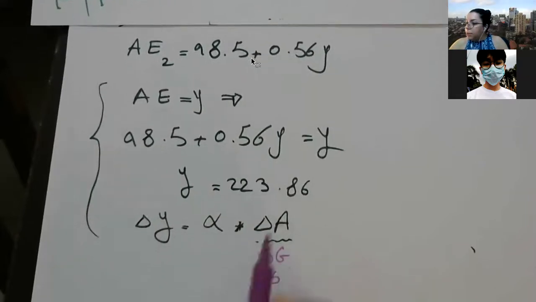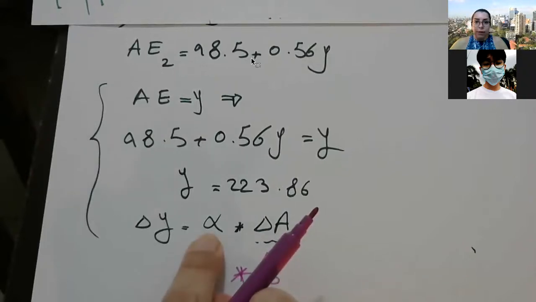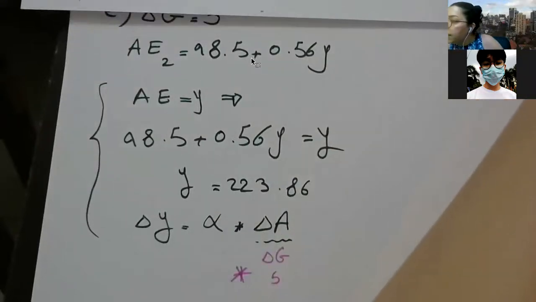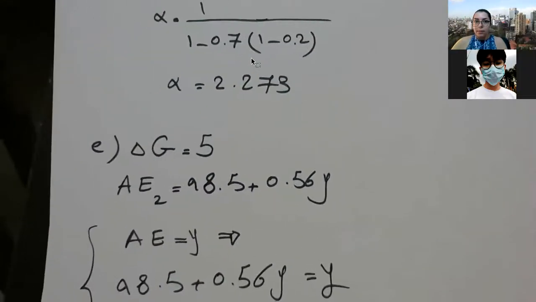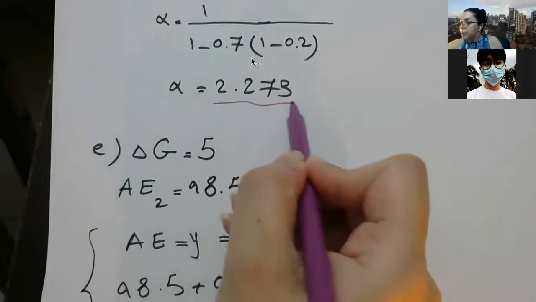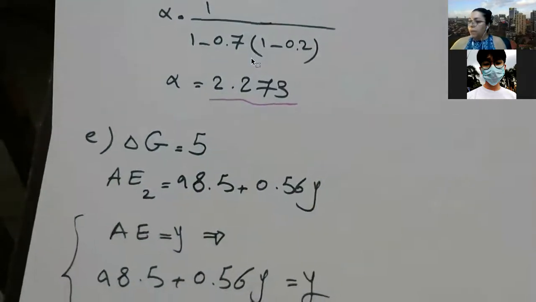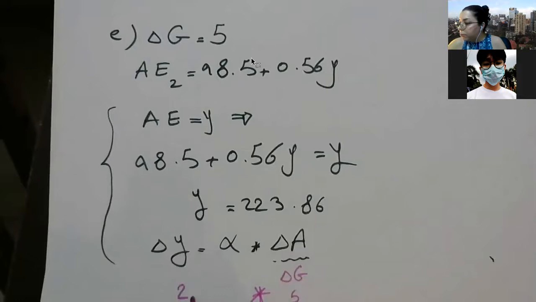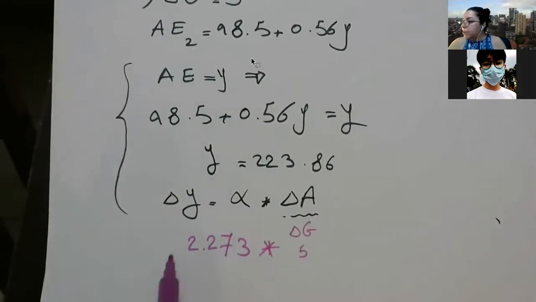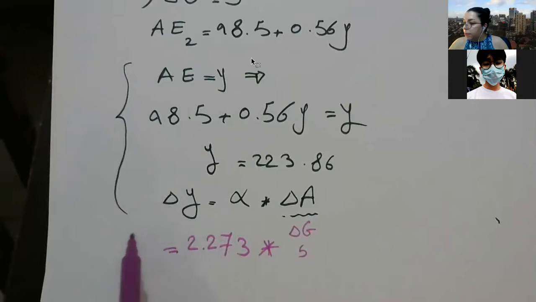We multiply this 5 by the multiplier effect we calculated before, 2.273. So the change in Y, how much is that? Let's calculate.